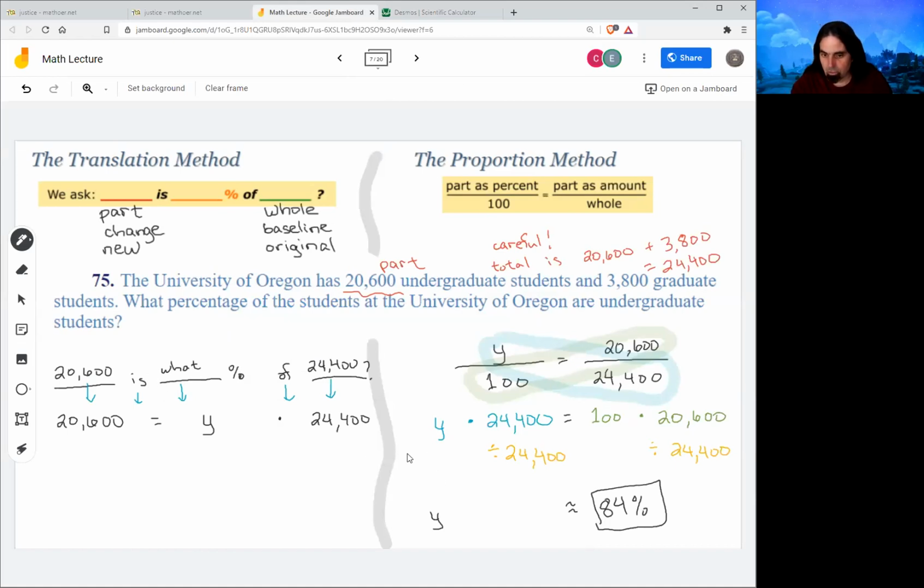If you're on the other side, you would also have divided by 24,400. You would first get roughly 0.84.